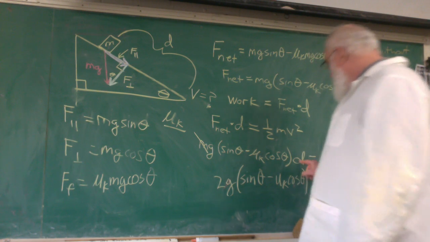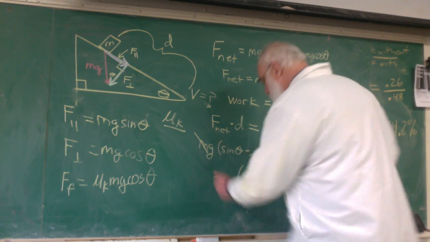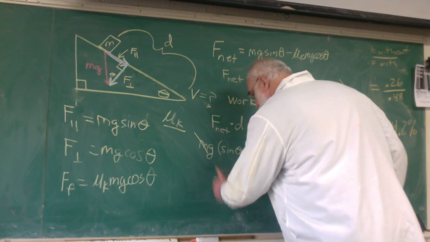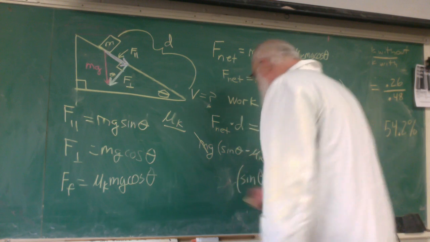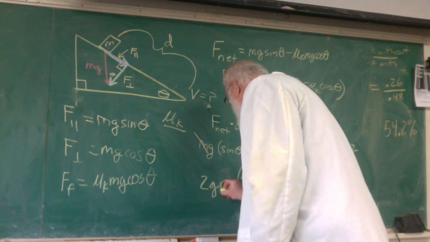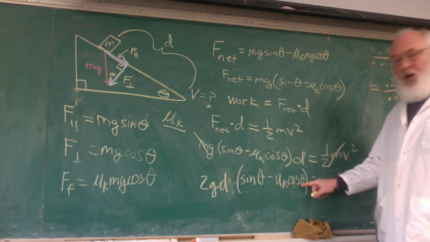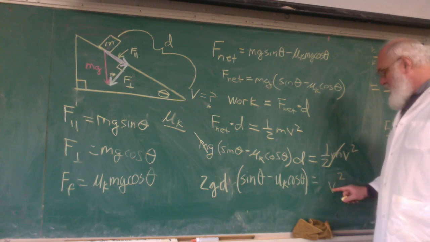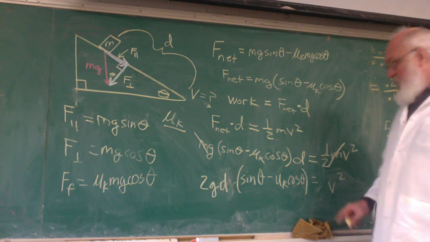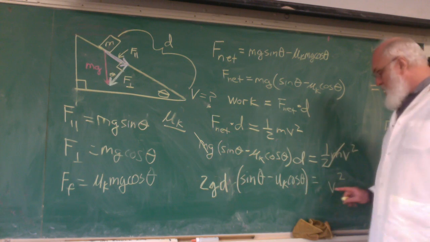And I think I'll put the d out in front. So let me just erase this and put 2gd times sine theta minus mu k cosine theta equals v squared. So if you need to find v, obviously you take the square root of this quantity, because this is v squared.